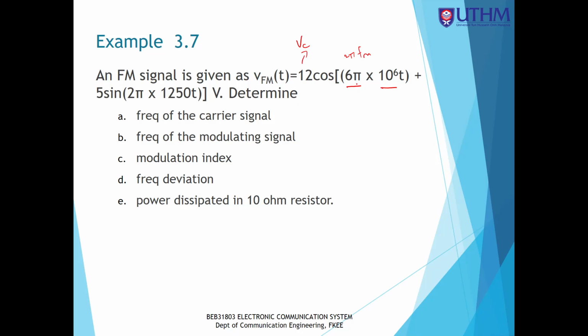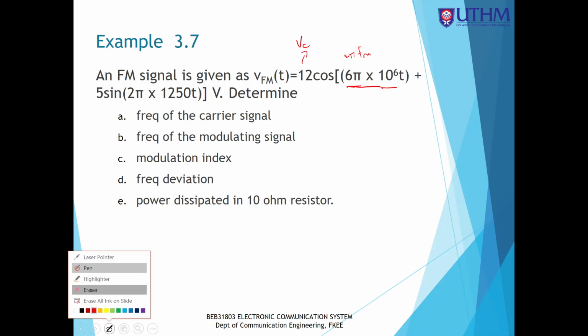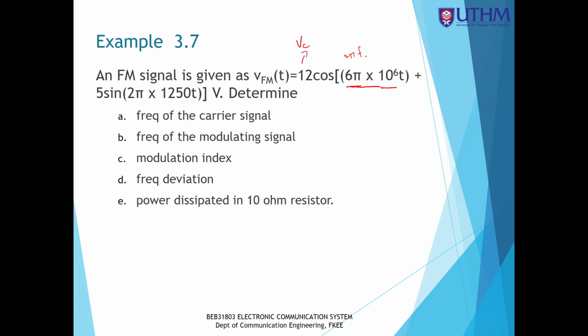So from here I can find the fc. If I divide by 2π, I get fc equal to 3 megahertz, 3 times 10 power of 6. Plus 5, what is this?